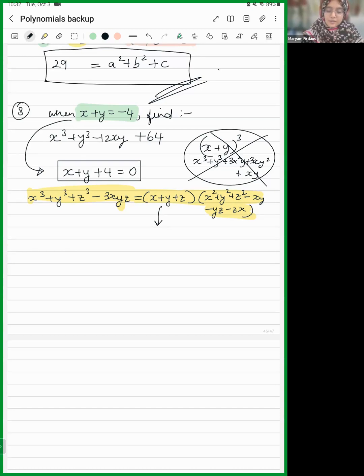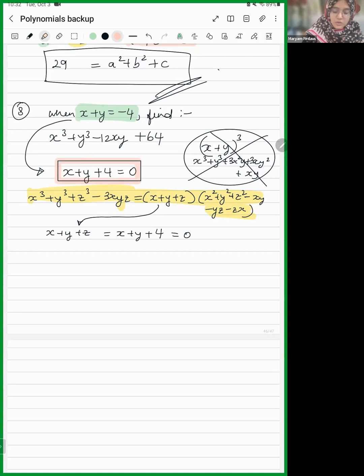Let's just see whether, yeah. So x plus y plus z, this thing is your x plus y plus 4. 4 is your z over here. So in this case, if this part is 0, which is given to us in the question, it is given to us that it is equal to 0, right?